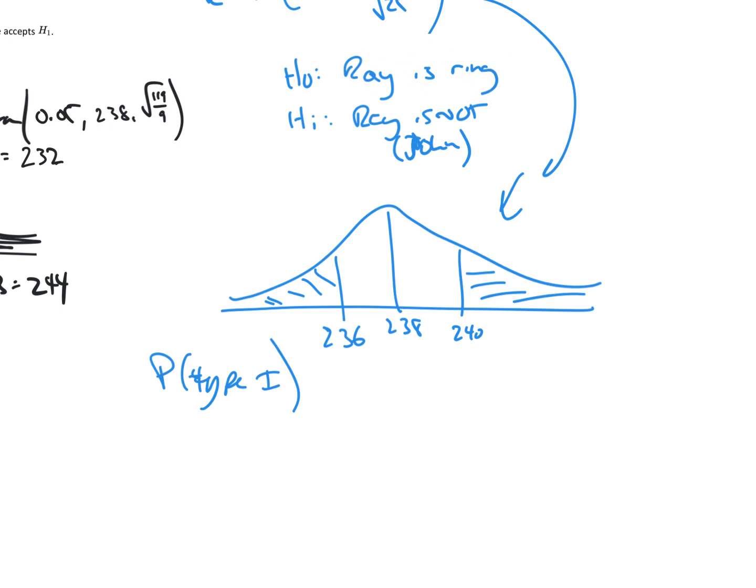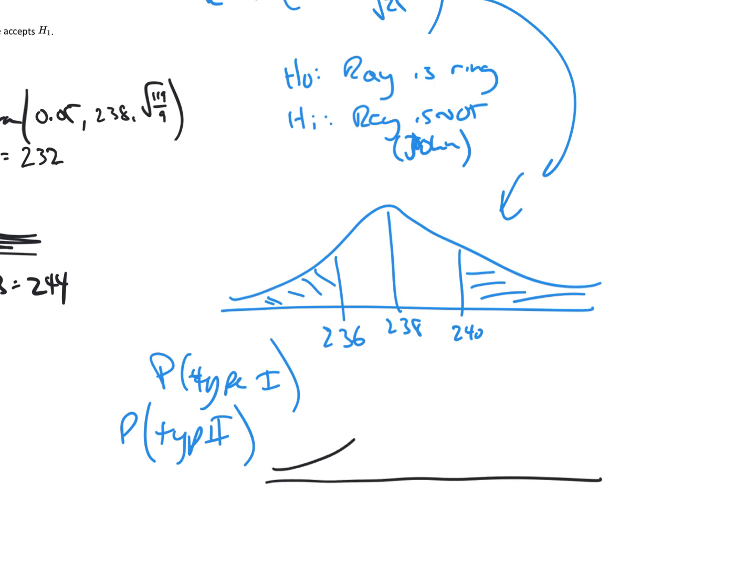Now, if I'm going to do a type 2 error, the type 2 error says I fail to reject this when I should have, which means John is the correct curve. Okay, that's an important statement. John is the correct curve. So I'm actually not testing that one.